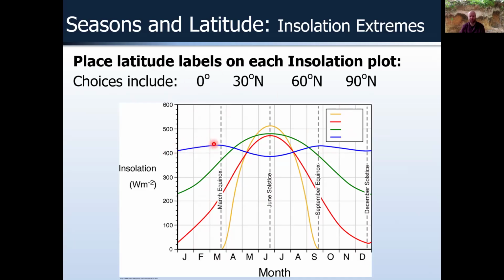Also, thinking about the equator, you receive the most insolation here in March and September. On the equinoxes at the equator, the subsolar point is directly above. Here you see this bimodal aspect of the blue curve, also showing that near the equator you receive very high amounts of energy consistently throughout the year.